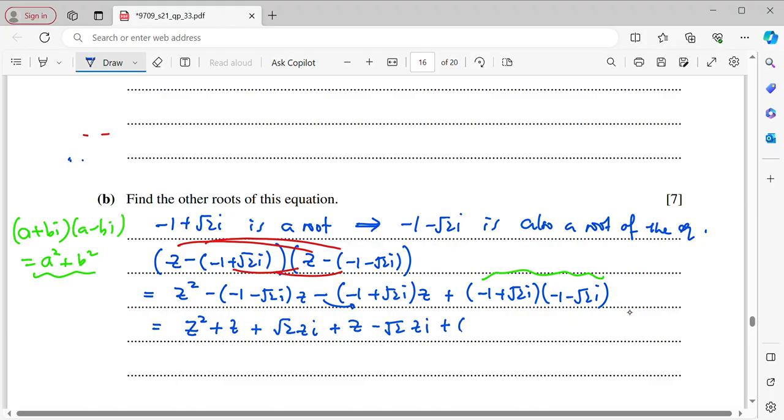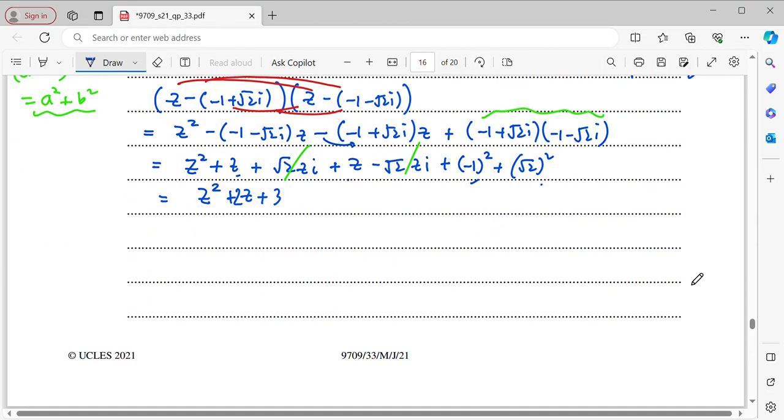Okay, so from here I will simplify. These two terms will be cancelled off. Then it will be z squared plus z. So minus 1 squared plus square root 2 squared, that means that is 1 plus 2. Then I will be getting plus 3. Okay, the z and z, 2z. Okay, that will be my product of two factors.